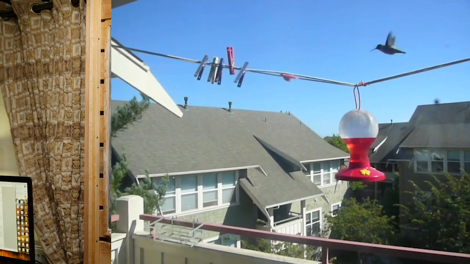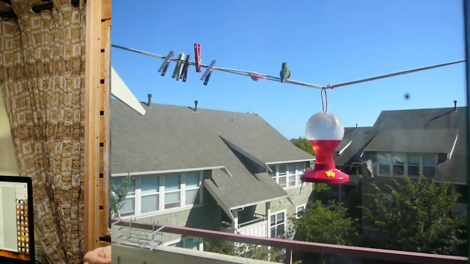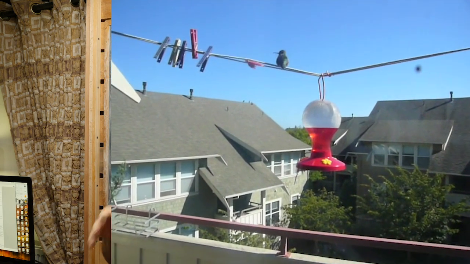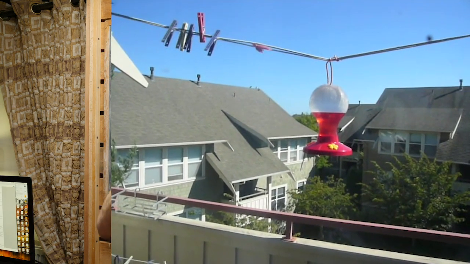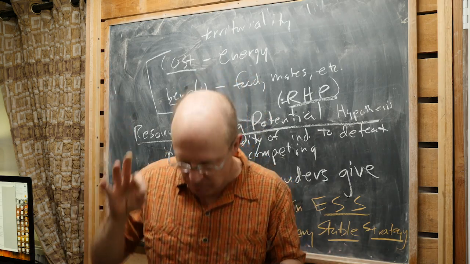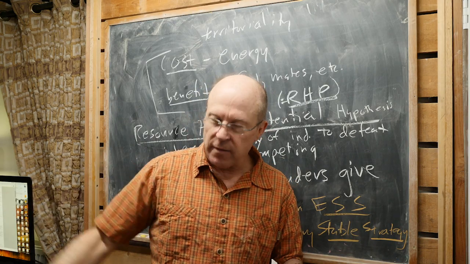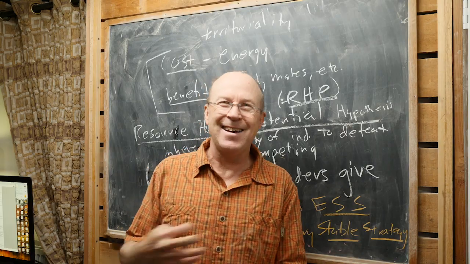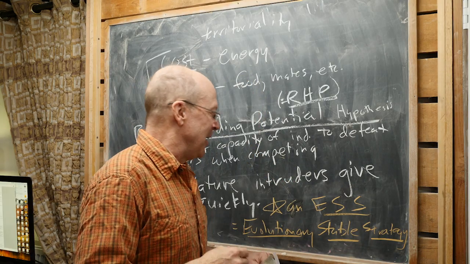They're so fast, they're not really going to cause damage to each other, but the message is being sent. Hey, this is my place. I've claimed this. This is my feeder, and in my feeder, here are the rules. You can get a tiny sip, but don't stay there too long, or I'll have to whoop your ass. And so we see that happening with hummingbirds.